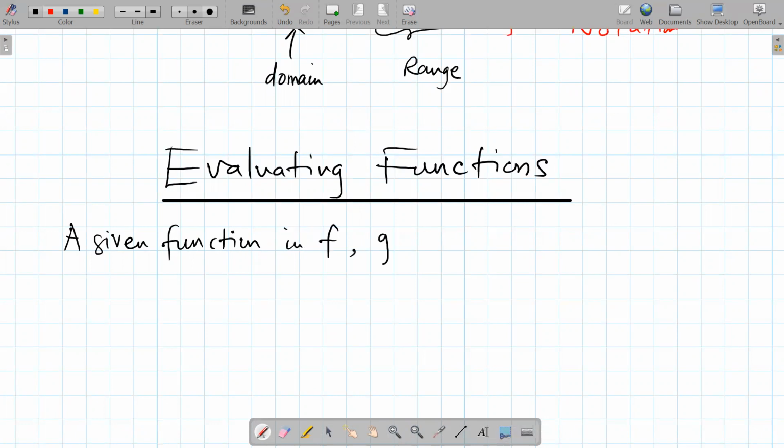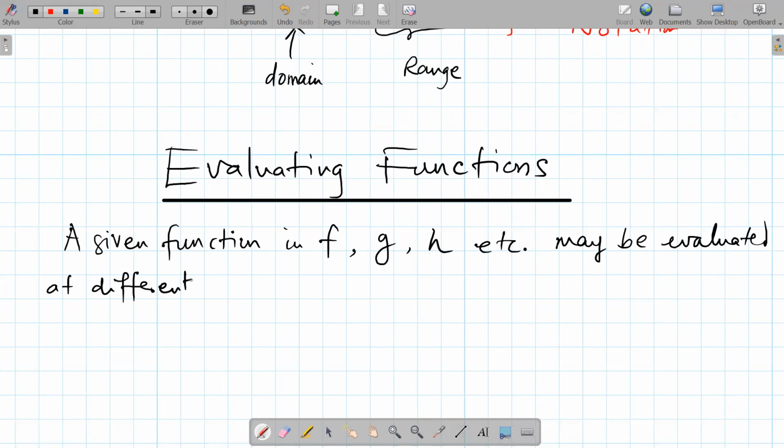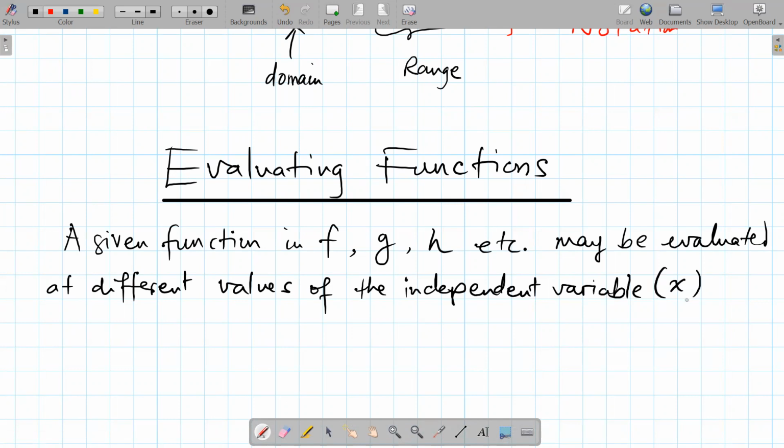in f, it could be g, it could be h, etc., may be evaluated at different values of the independent variable, which in this case I'll name x, by substitution.